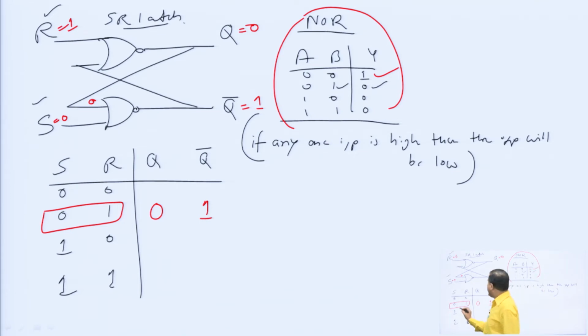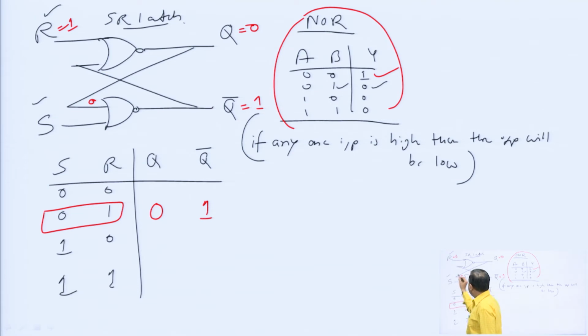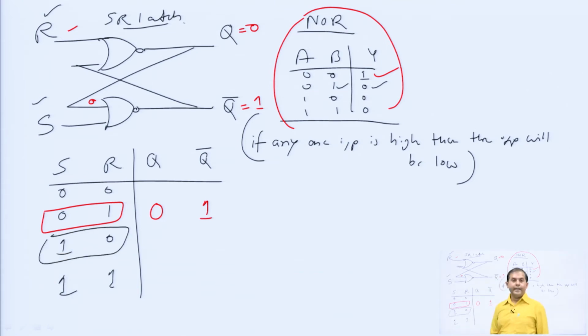Now, we will be checking the second case, where S will be 1 and R will be 0. Again we can check that if any of the input is 1, the output will be 0. From the NOR gate truth table it is clear to us.